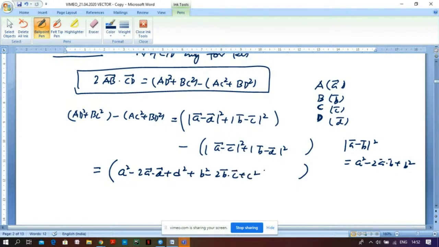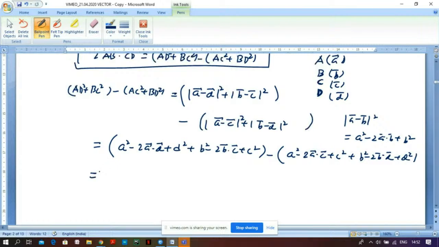And then I can write negative, so minus A squared minus 2A dot C plus C squared plus B squared minus 2B dot D plus D squared. We are just expanding them. And so you find that A squared, B squared, C squared, D squared appear here also, so they go off.